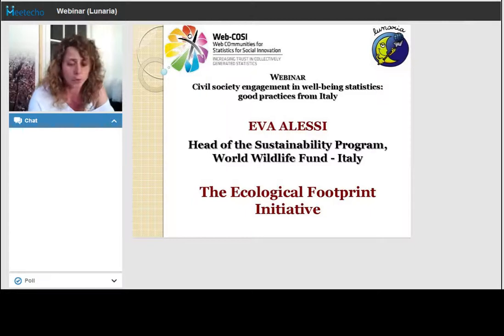For example, if we talk about ecological footprint, that's a resource and emission accounting tool designed to track human demand on the biosphere's regenerative capacity. It was developed by Wackernagel and other colleagues in 1999, and it documents both the direct and indirect pressure and demands of humanity on the natural world.